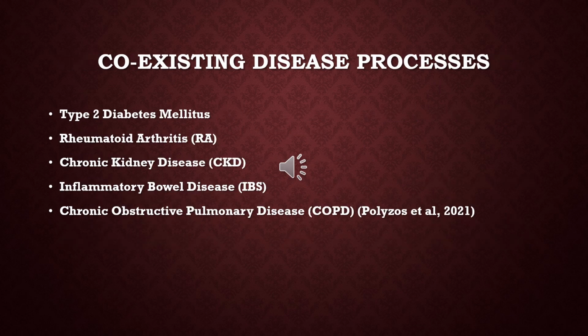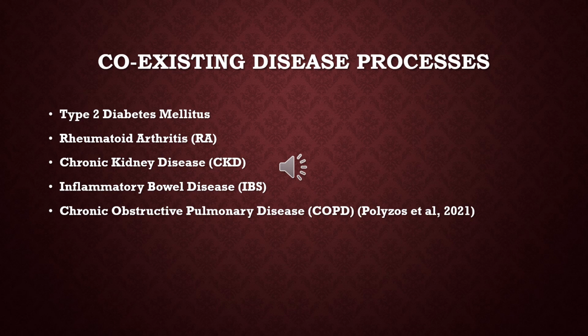Some coexisting disease processes that can be found in people with osteoporosis include type 2 diabetes, rheumatoid arthritis, chronic kidney disease, inflammatory bowel disease, and chronic obstructive pulmonary disease.